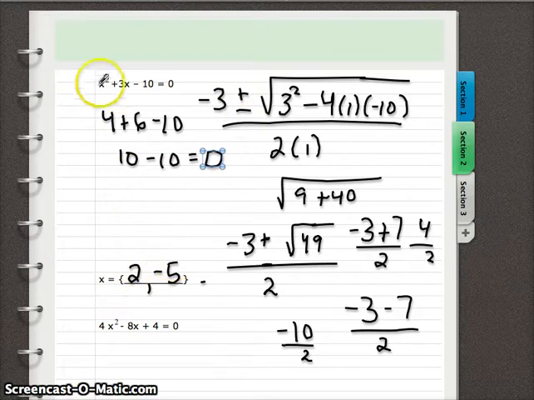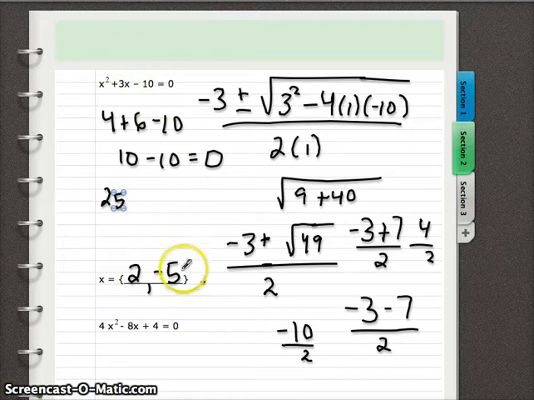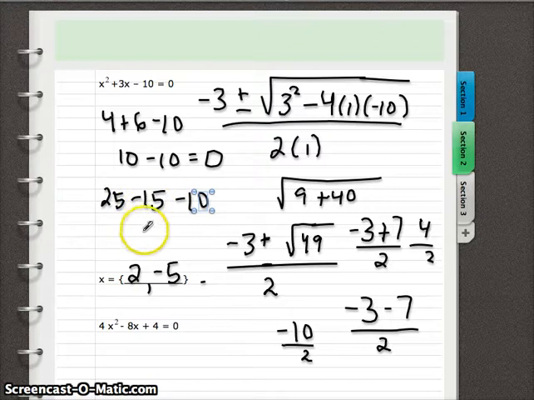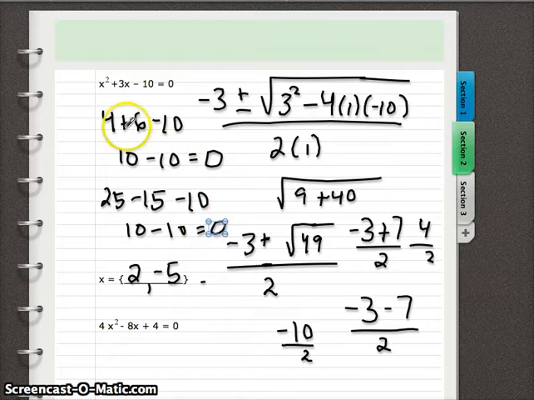Let's try -5. -5 squared is positive 25. Plus 3 times -5, well, that's -15. Minus 10. 25 minus 15 is 10, and 10 minus 10 is 0. So -5 also works as a value for x.